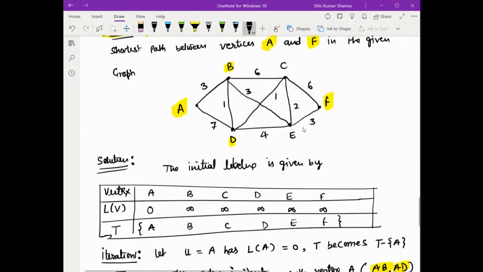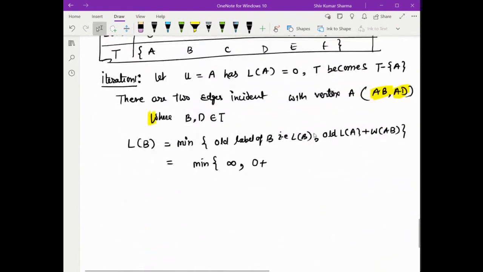Weight of AB is 3. So this equals minimum of infinity comma 3. What is the minimum value? Minimum value is 3. So level of B is equal to 3.